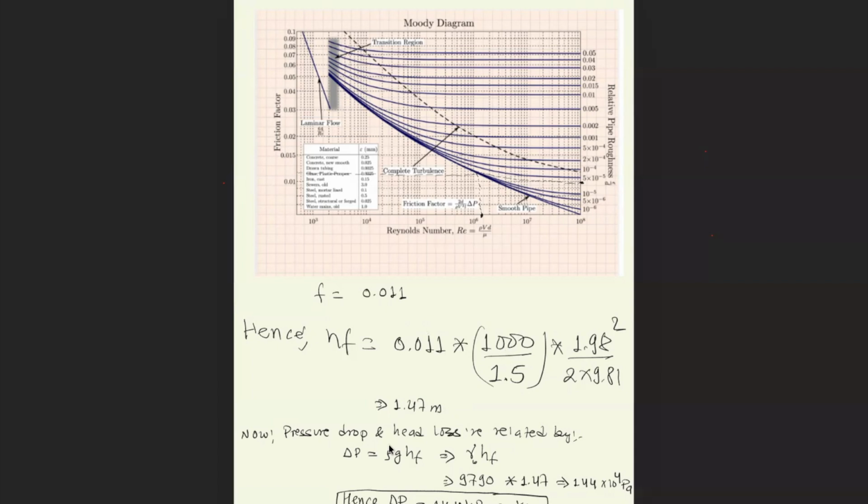Pressure drop and head loss are related by this formula: density times g times head loss, where density times g is the specific weight of water, times hf. That gives us a pressure drop of 14.4 kilopascal per kilometer.